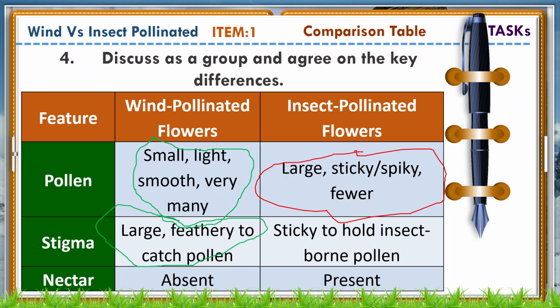Whereas if you look at the insect-pollinated stigma, you will see that it is sticky, and the purpose of being sticky is to hold insect-borne pollen. Now when we go to nectar, for those ones that are wind-pollinated, nectar is absent, but it is present in the insect-pollinated flowers.